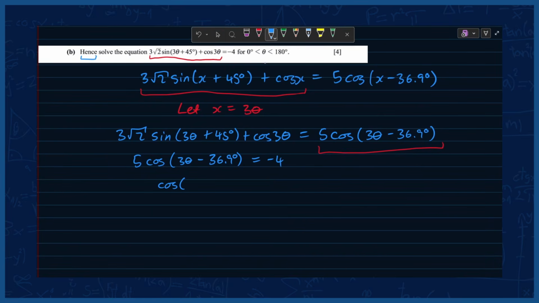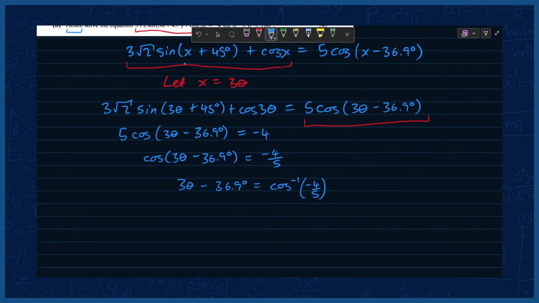So I've got cos(3θ − 36.9°) = −4/5. Then 3θ − 36.9° is equal to arccos of −4/5. The value that we get from punching in arccos of −4/5 is our principal value.